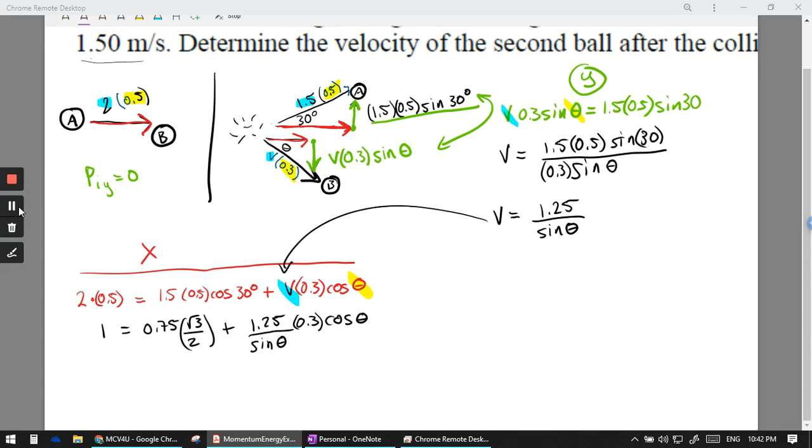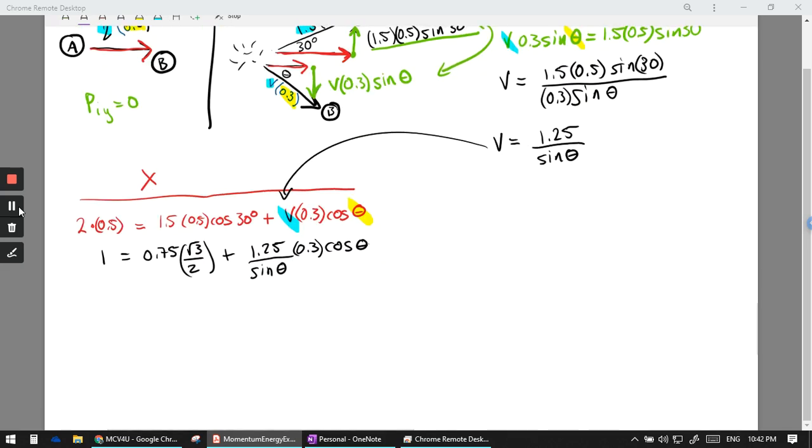Now, we've got these two thetas, and you might think, well, this is going to be annoying, but it's actually not going to be too bad at all. Let's take a look at this. So I'll subtract over this thing, and so I'll get 1 minus 0.75 times the square root of 3 over 2, which is, I guess, 0.375 or something like that.